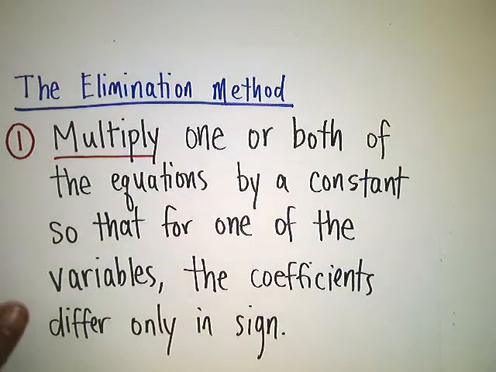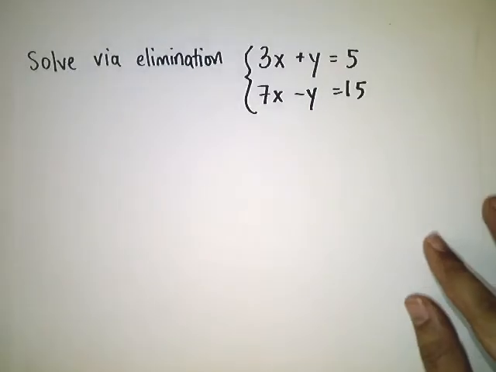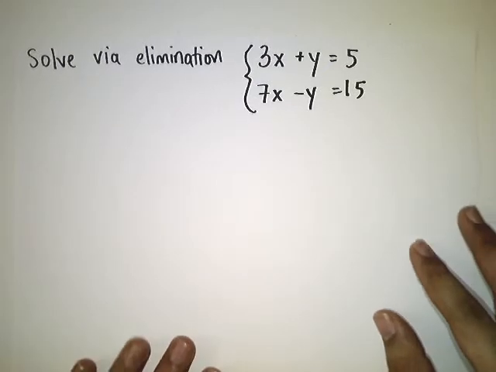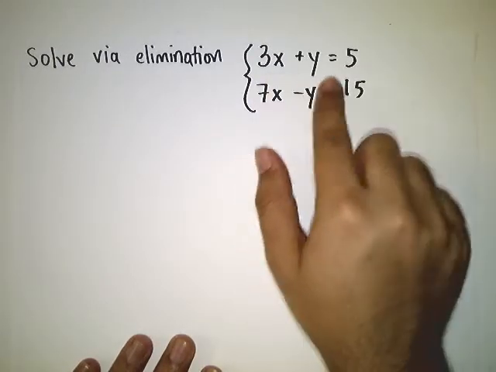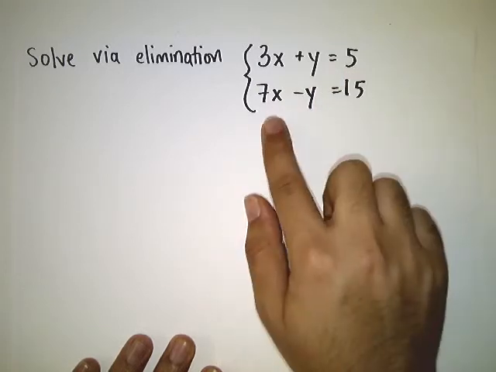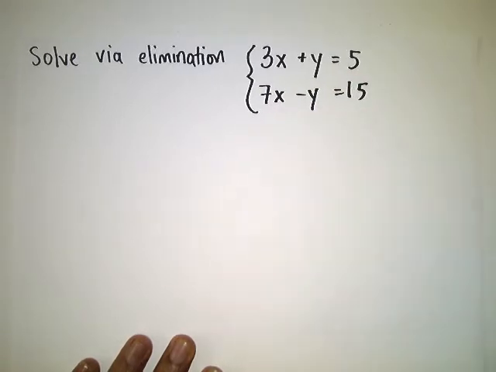All right. Again, we want to multiply one or both of the equations by a constant so that for one of the variables, the coefficients differ only in sign. Now take a look at this example we were working a second ago. We have 3x plus y equals 5, and we have 7x minus y equals 15.